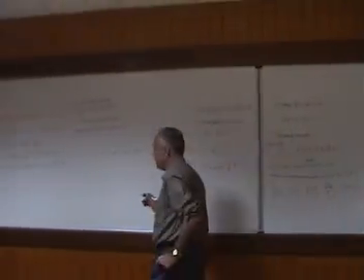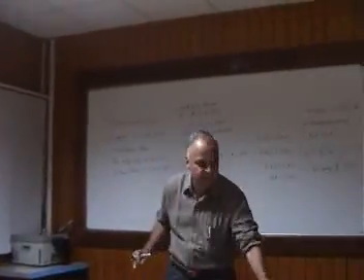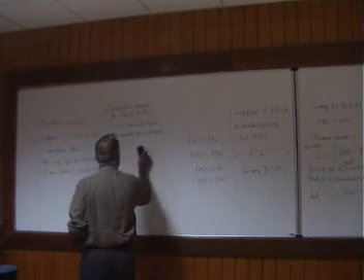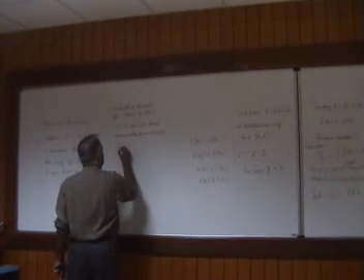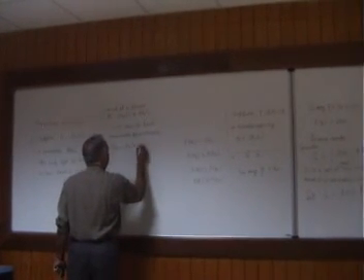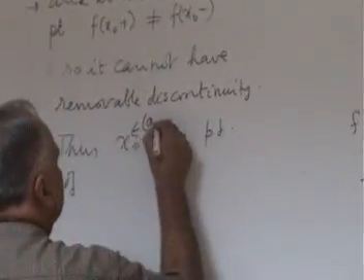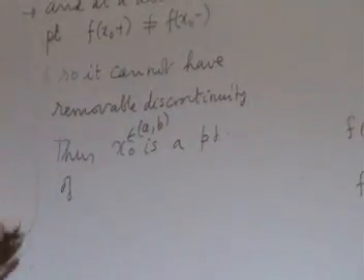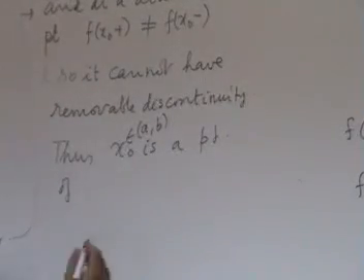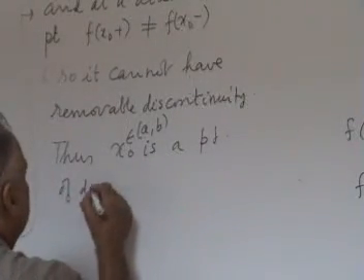So okay, let me explicitly write. Thus, x naught is a point of discontinuity, x naught belonging to (a, b). At the other points, only the right type will come.